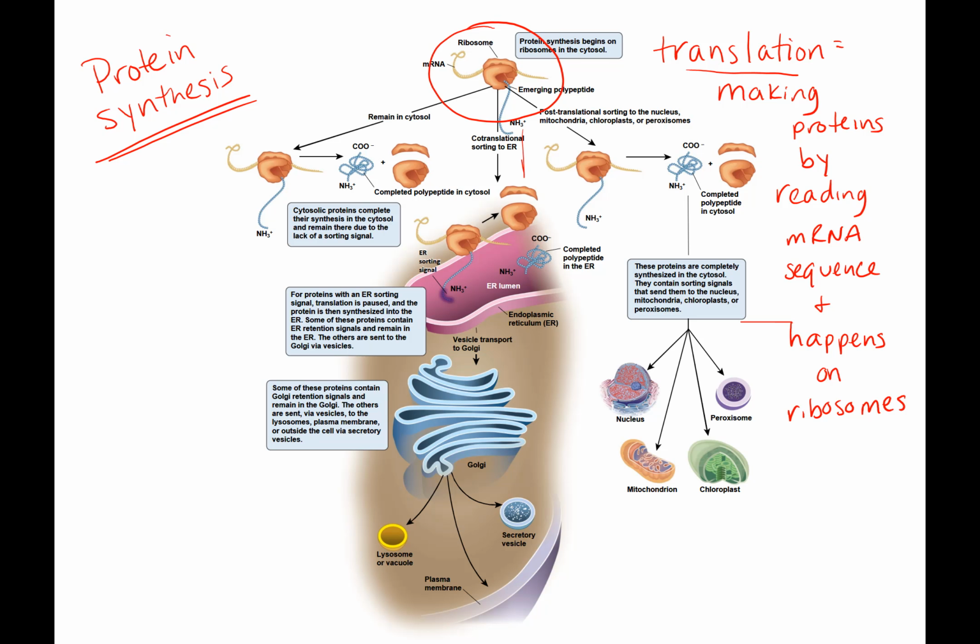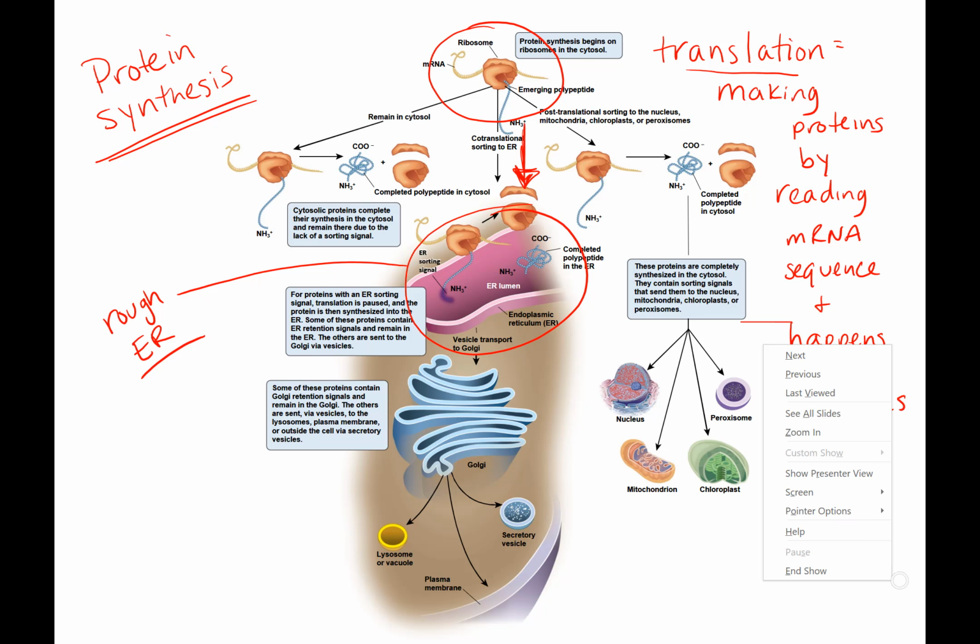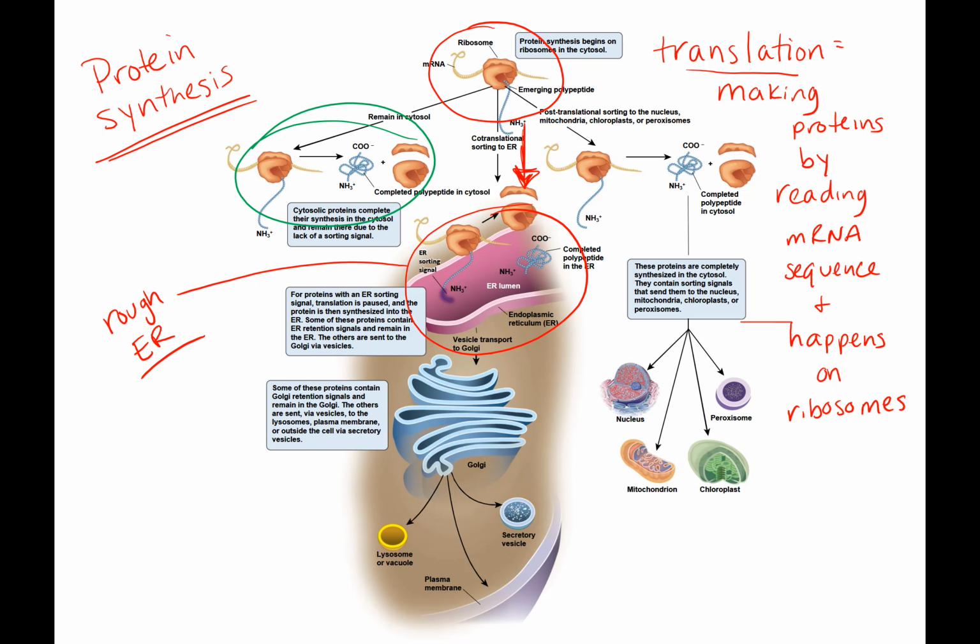Some ribosomes attach to the ER, okay, and this makes it rough ER, but some ribosomes, let me change my, see if green will show up. Some ribosomes here and here do not attach to the ER.